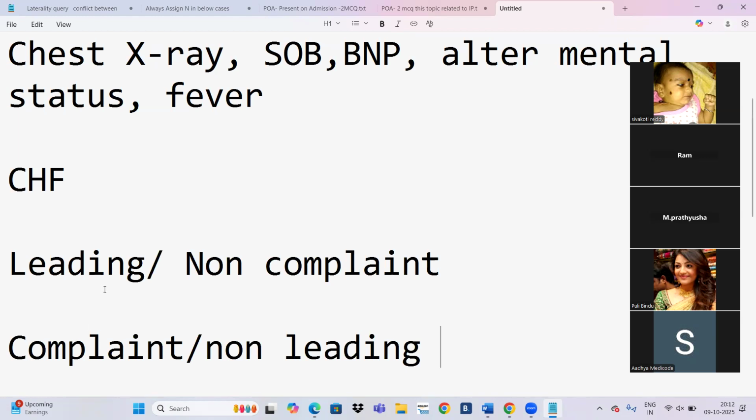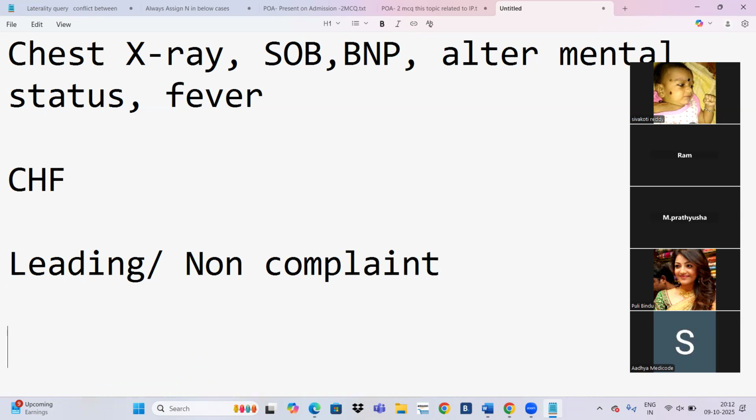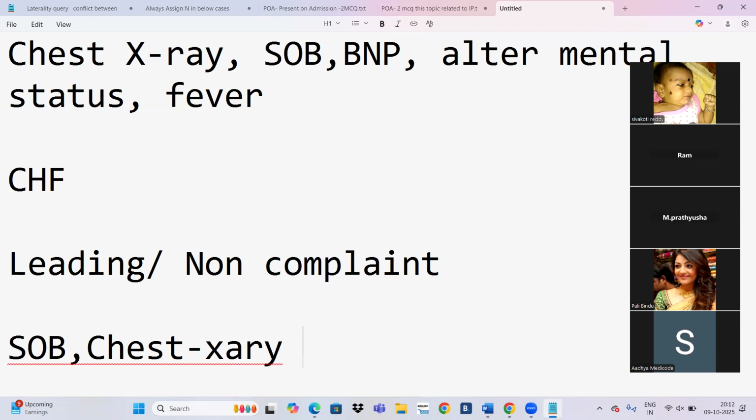Remember, if based on the indicators you know the diagnosis and mention the diagnosis to the provider, like the patient has SOB, chest X-ray, and BNP, so these indicators supported CHF, are you treating CHF? We can ask directly.